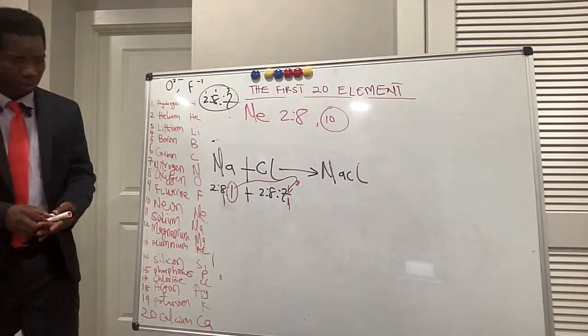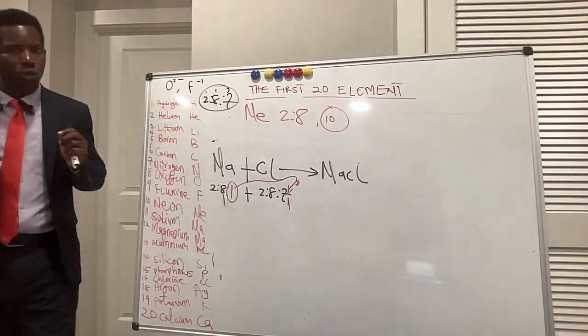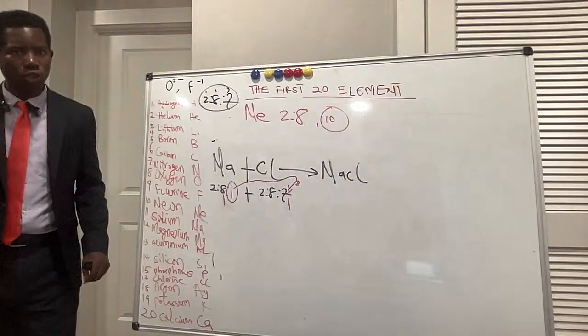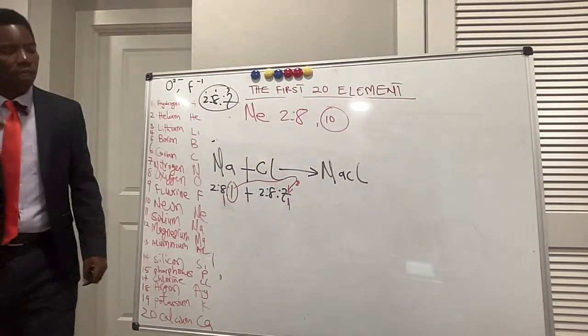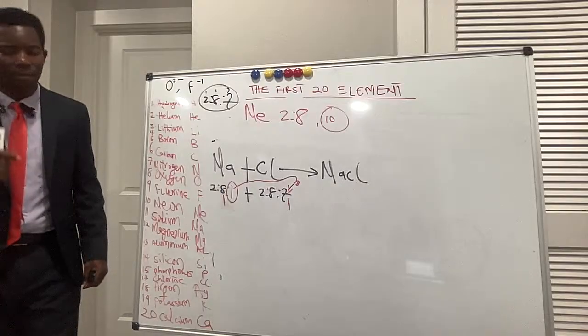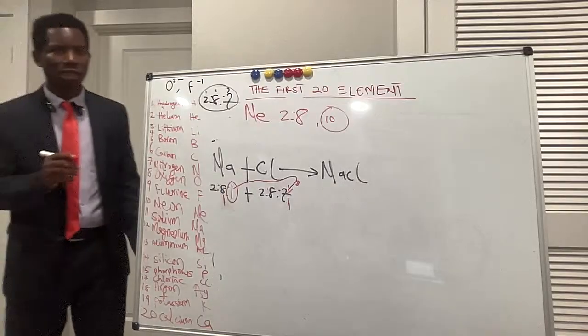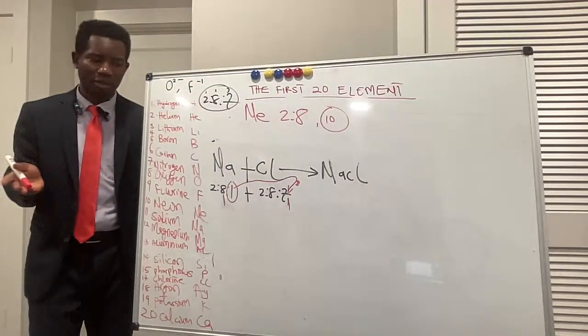Before we continue, don't forget, it is only the electron in the outermost shell of an element that takes part in a chemical reaction. The electrons in the other shells don't take part.